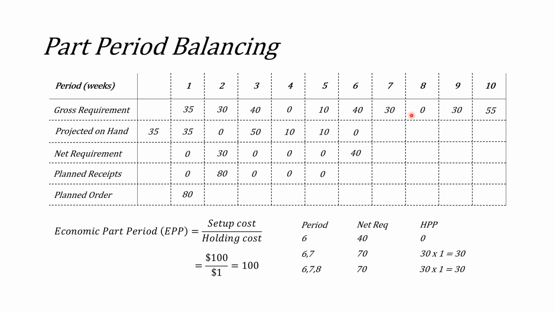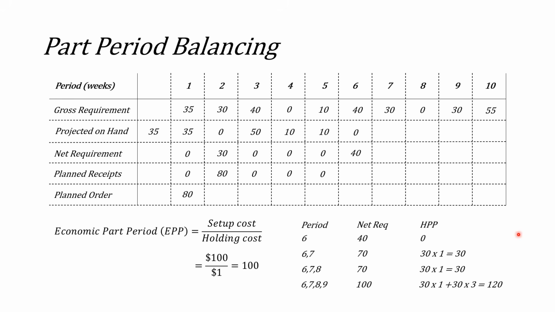If I order for 6, 7, 8, and 9, in that case, my net requirement is going to be 40 plus 30 is 70, plus 30 is 100, right? And my holding part period is going to be 30 units for one period, and the remaining 30 units for 1, 2, 3 periods. So in this case, it's going to be 30 times 1 plus 30 times 3, which is 120.